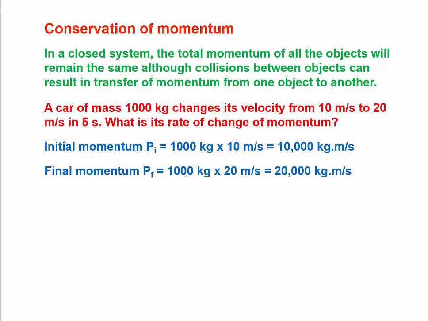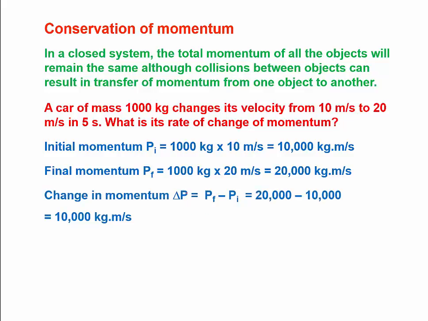It is mass multiplied by final velocity, and that is 20,000 kilogram meter per second. What is the change in momentum? Delta p. See again that use of delta. Delta p stands for the change in momentum. Final momentum minus initial momentum, that is 10,000 kilogram meter per second.